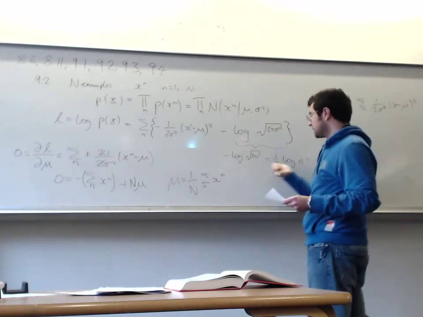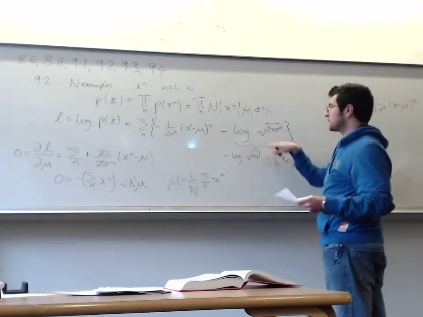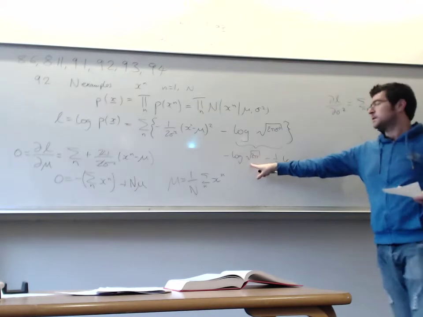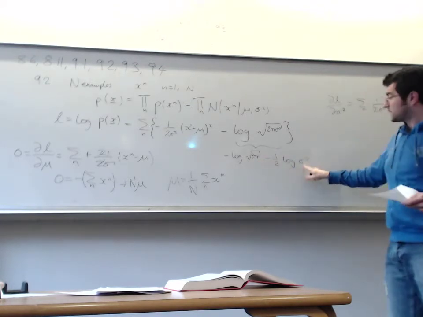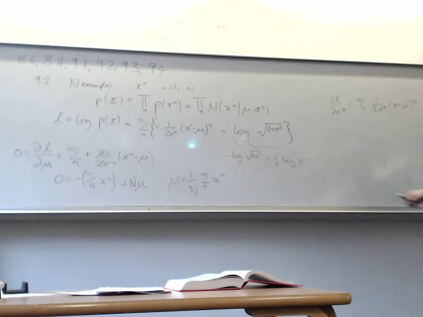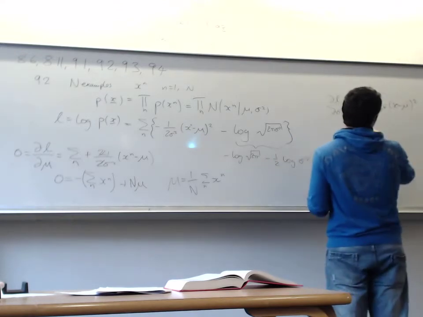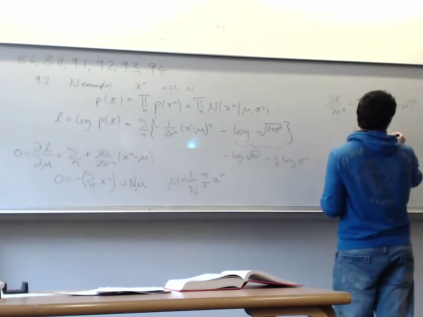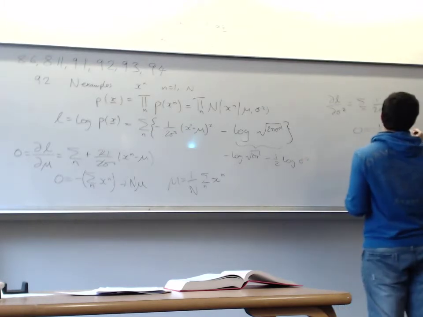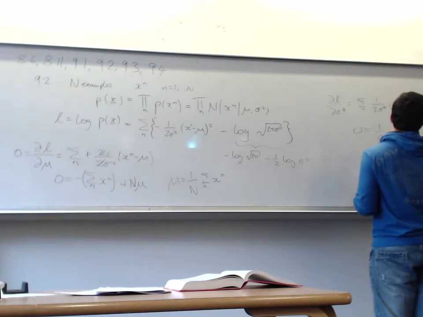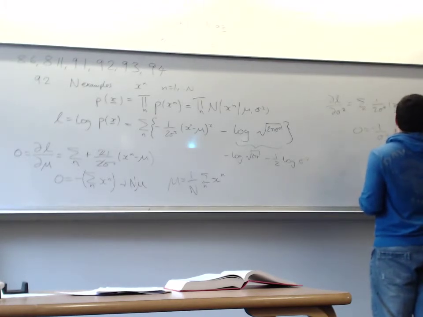So now I'm going to consider these two terms, which is what I wrote instead of this. Well, this one has no sigma squareds in it, so I can just forget about that. It's just a constant. This term is interesting though. When I differentiate this with respect to sigma squared, I'm going to get minus a half, and then this will become 1 over sigma squared. So when I set this equal to 0, multiply by 2, I get 1 over sigma squared, plus the sum over n, 1 over 4 (x minus mu) squared.